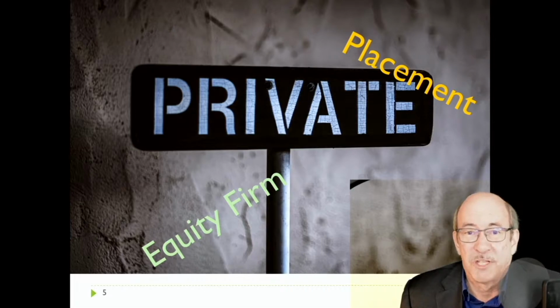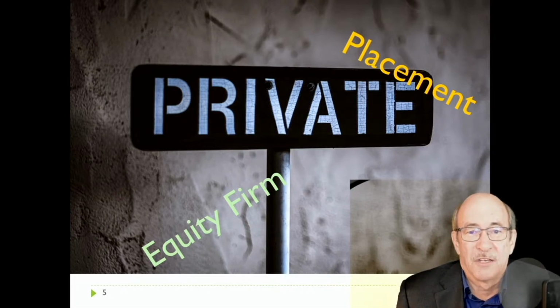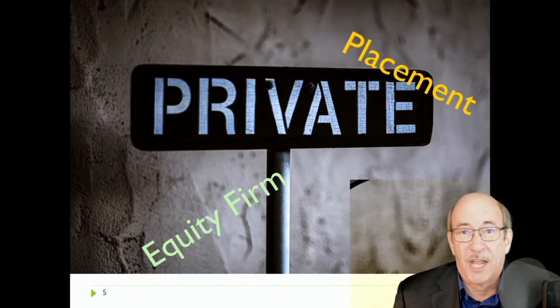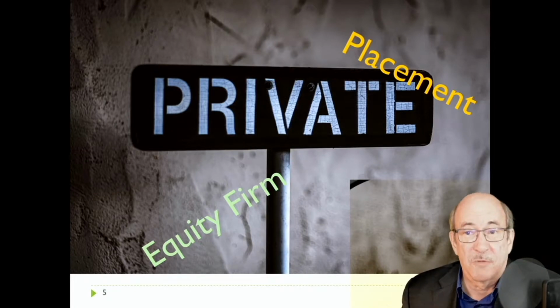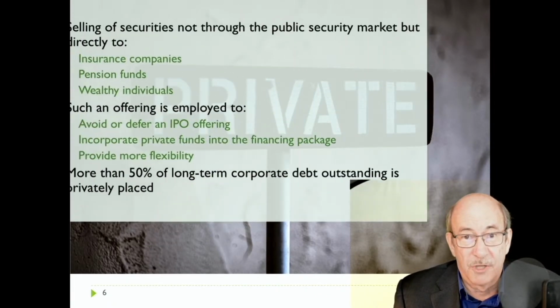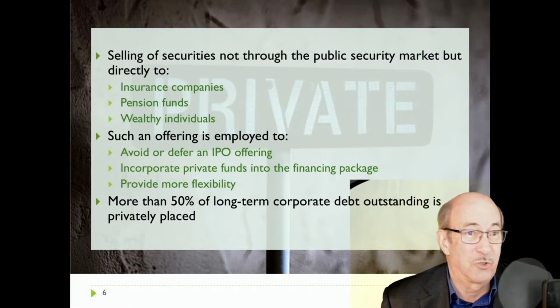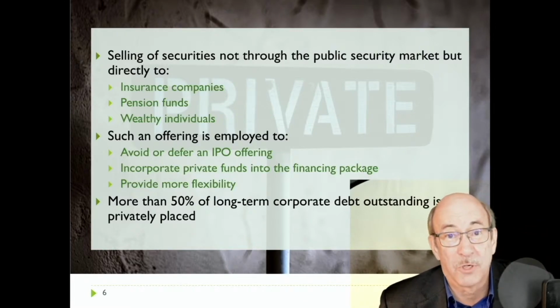A private placement is a means of placing a security and issuing it, and a private equity firm is a completely different animal. So I wanted to clarify that a little bit and make sure that you all had a clear understanding of what those two things were, but also understand that that is not really the stock market per se.